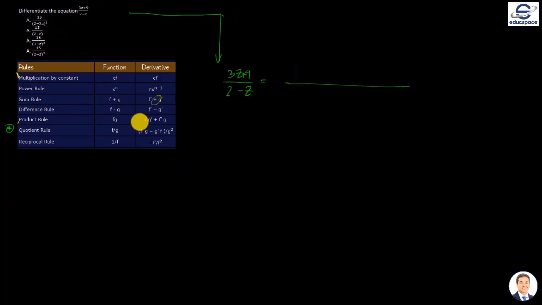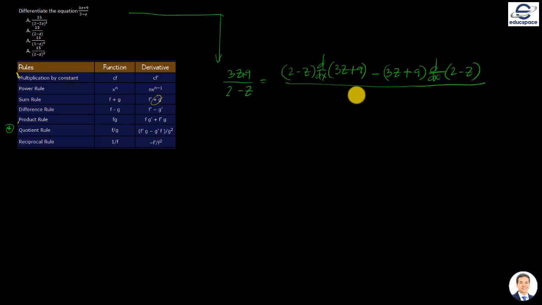So we just follow this one. Take note that as mentioned here, first we multiply the denominator, 2 minus z, by the derivative of the numerator, 3z plus 9, and then minus the numerator, 3z plus 9, multiplied by the derivative of the denominator, 2 minus z, over the square of the denominator, 2 minus z, squared. So now we derive this.